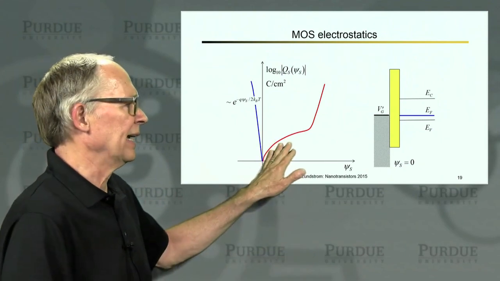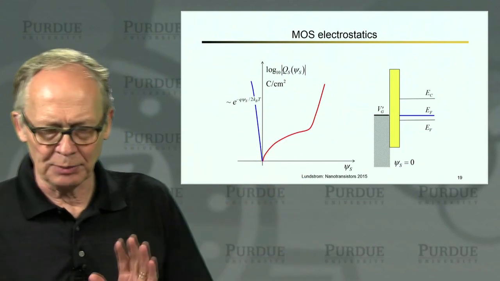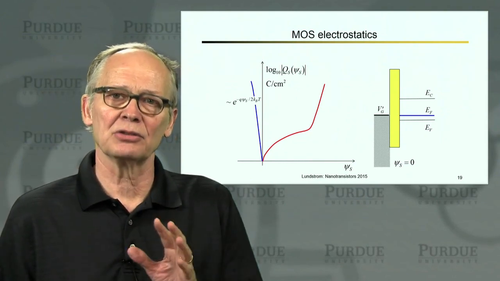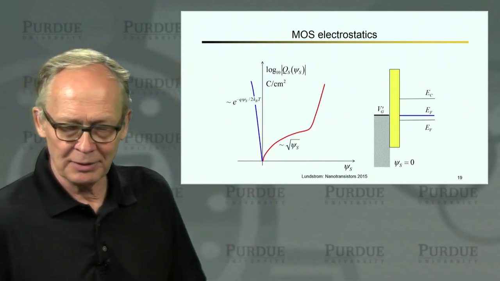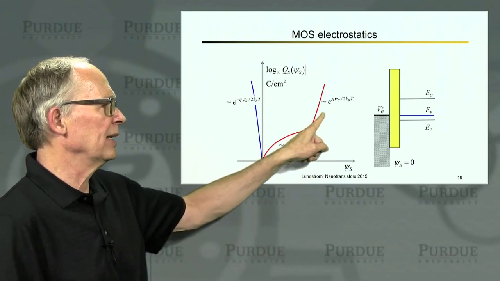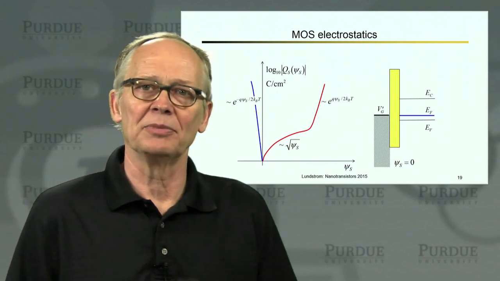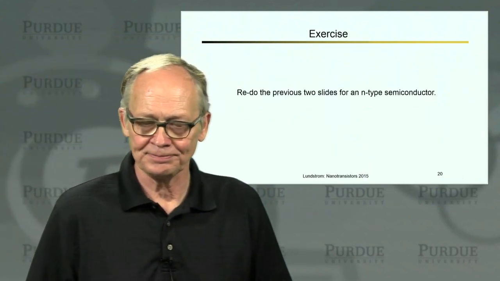If we apply a positive gate voltage, positive surface potential, we deplete the semiconductor, and we'll see later that the charge increases slowly as the square root of the surface potential. But if we bend the bands enough, beyond this critical point, 2 psi b, we'll find that the inversion layer electrons begin to build up very rapidly, exponentially with surface potential as well.